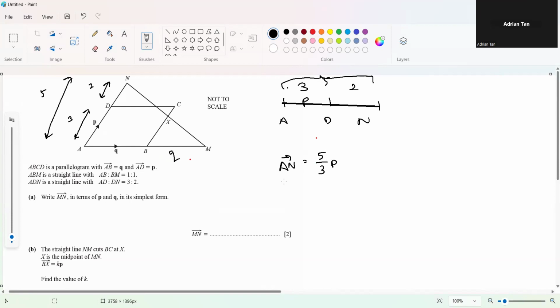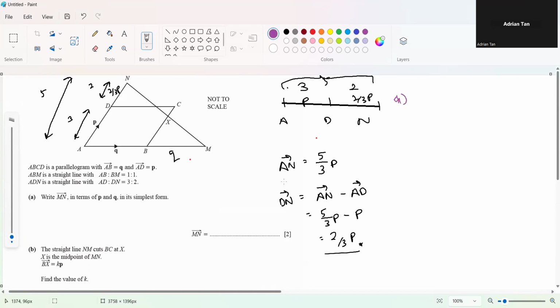So in other words, we are just working out the fraction for AN, whereas for DN is simply AN minus AD. So it is 5 over 3P minus P. So this is 2 over 3P, right? So I know that DN is 2 over 3P here. So I can label this here as well.